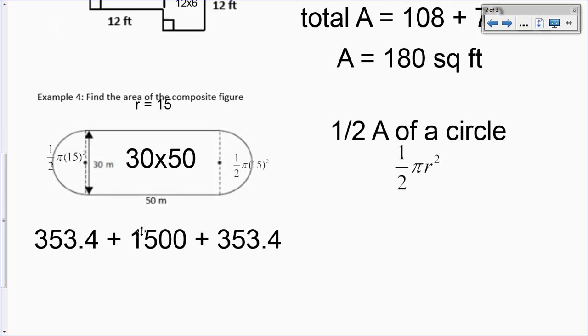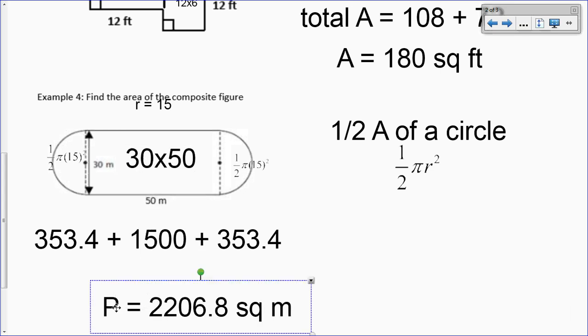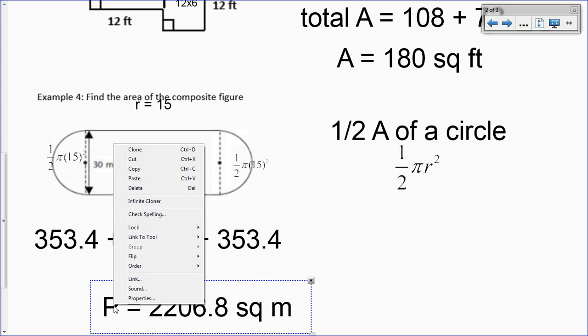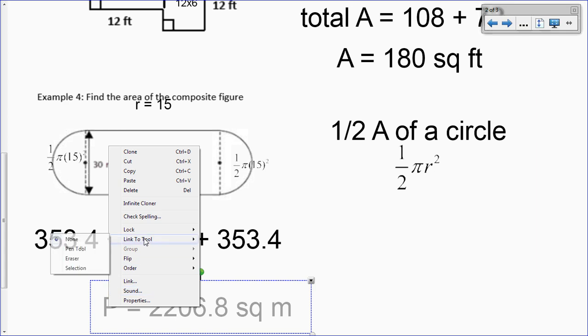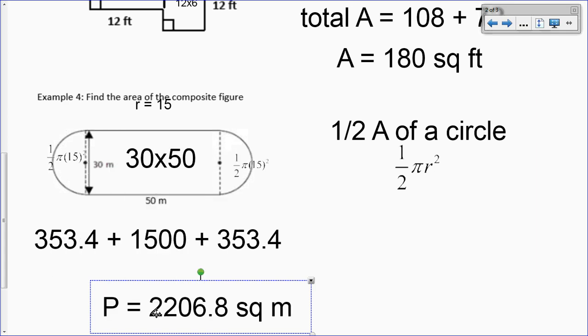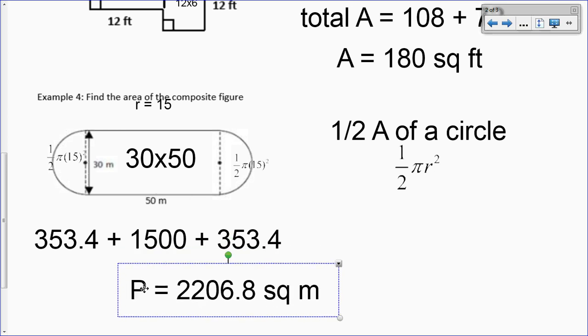This should say A, not P. Let me edit it. It shouldn't say P, it should say A, right? Just want to edit. Ah, annoying. Alright. Whoa, things are moving.